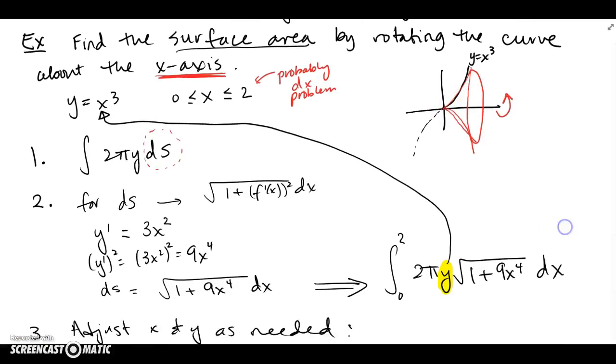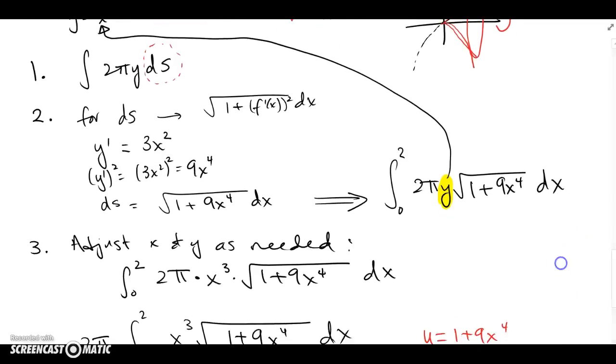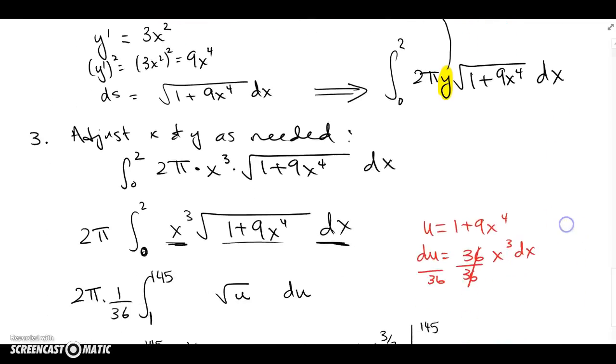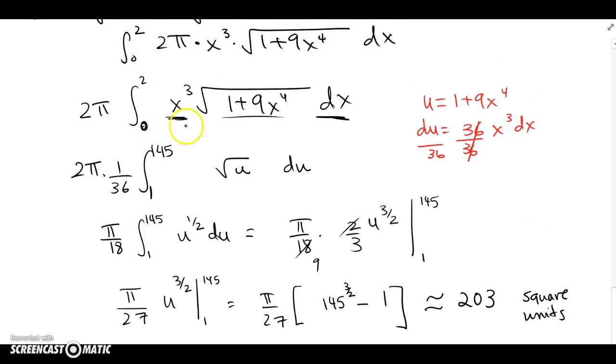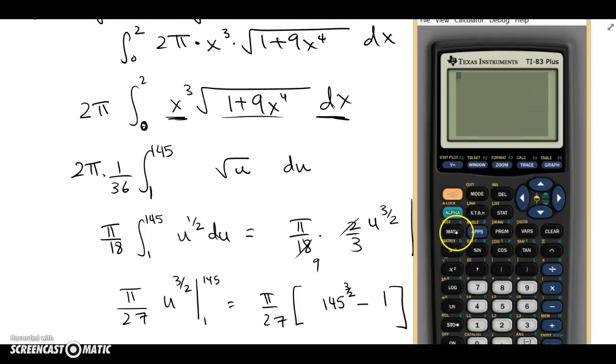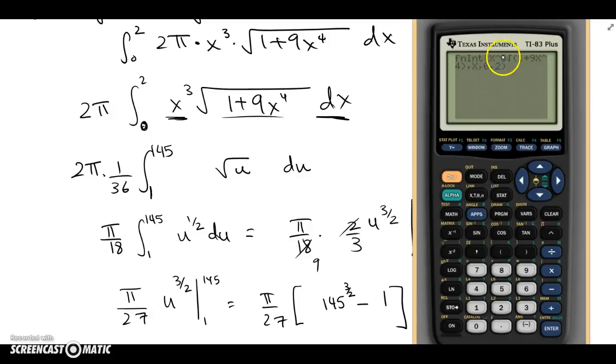Now, since these guys are some busy problems, it might be a good idea, once you get your answer, to see if roughly you did the integration okay. Remember, you always have access to your TI. So let's go quickly put that in there. So I'm going to go to Math 9 and then input this integrand from 0 to 2. So we got x cubed square root of 1 plus 9x to the 4th in terms of x from 0 to 2.